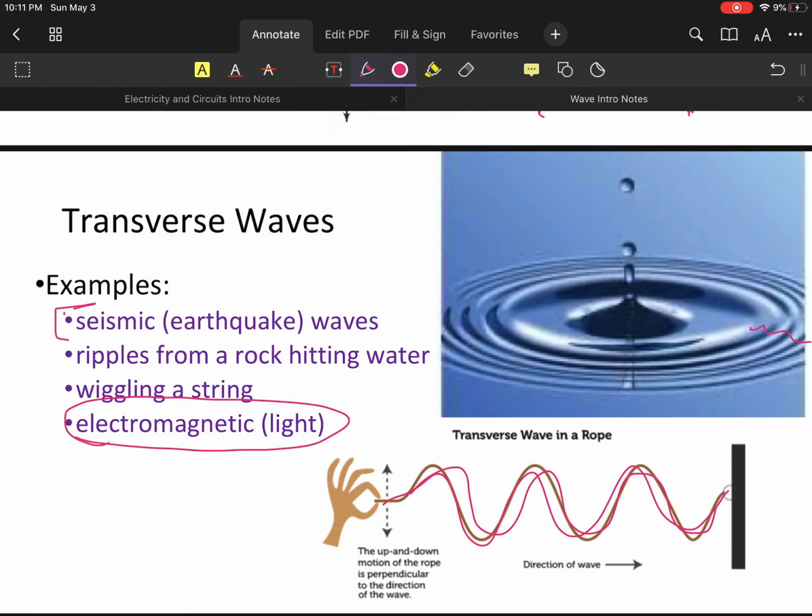Also, earthquakes, again, this is that second wave. If I think about the crust, the first wave is that longitudinal wave that just moves underneath the surface. You just feel it like little vibrations. The second wave that comes through is our seismic wave. This is usually when there's so much energy being moved that it's moved in a longitudinal way, and then it's also moved in a transverse wave.